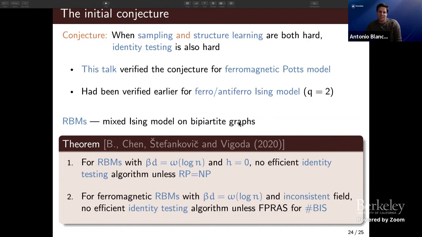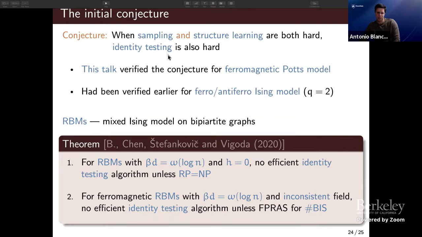So just to conclude, this is the initial conjecture, or our working conjecture, that whenever sampling and structured learning, or parameter estimation, are hard, then identity testing is hard. In this talk, I verified the conjecture for the ferromagnetic Potts model. Earlier work did it for the antiferromagnetic Ising model.